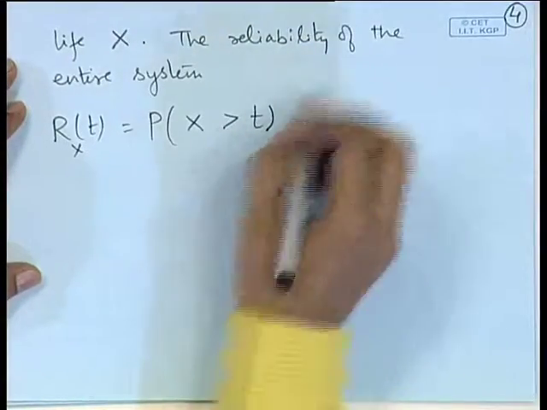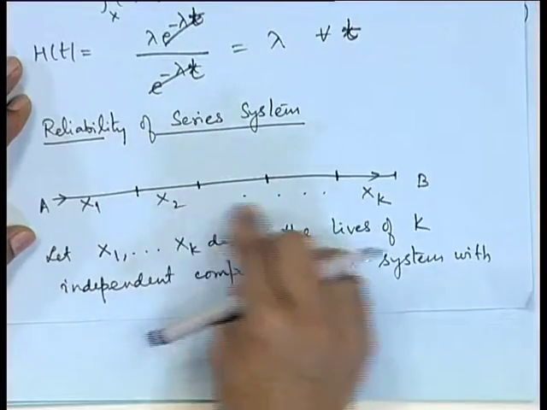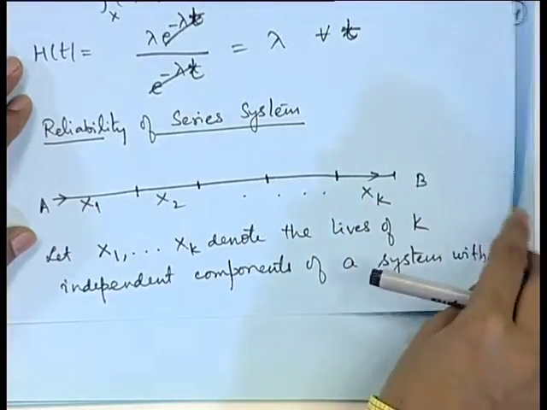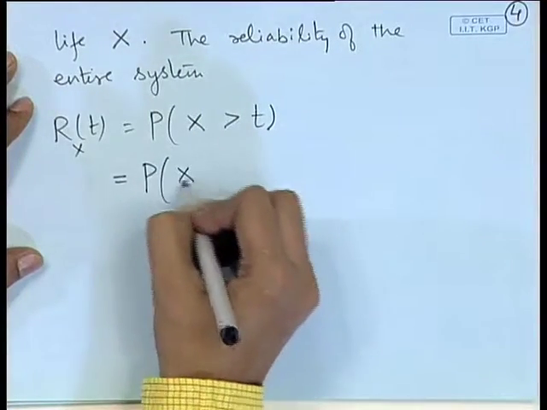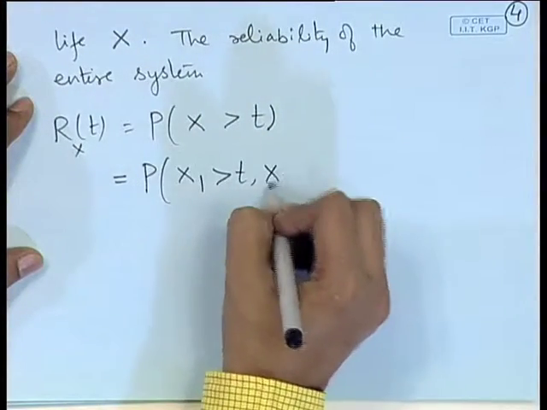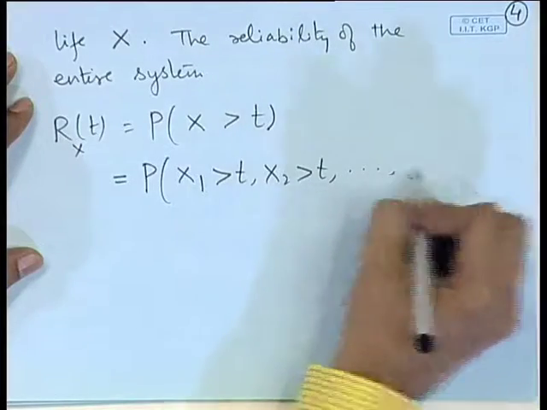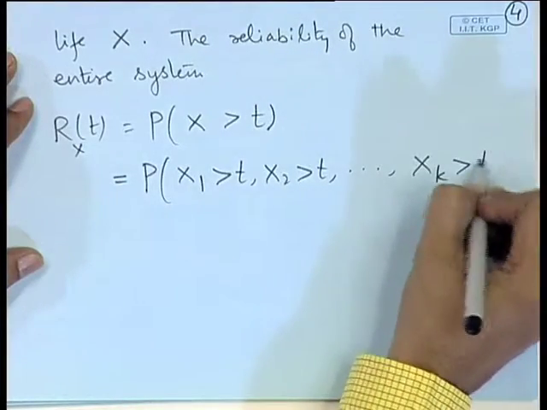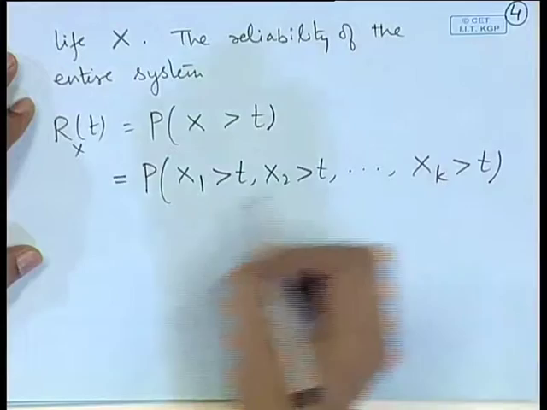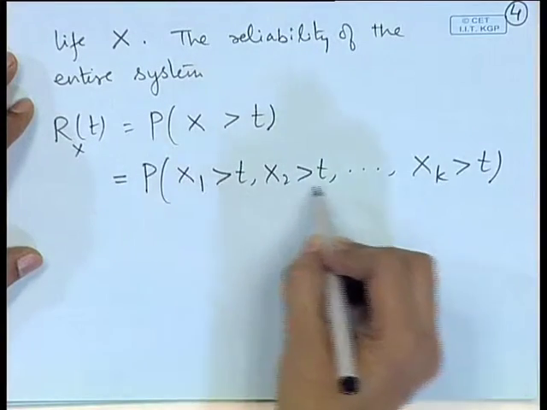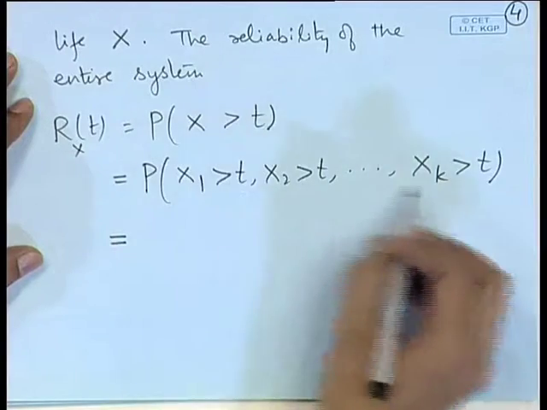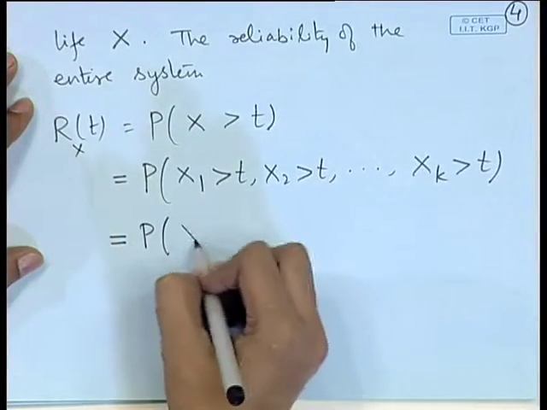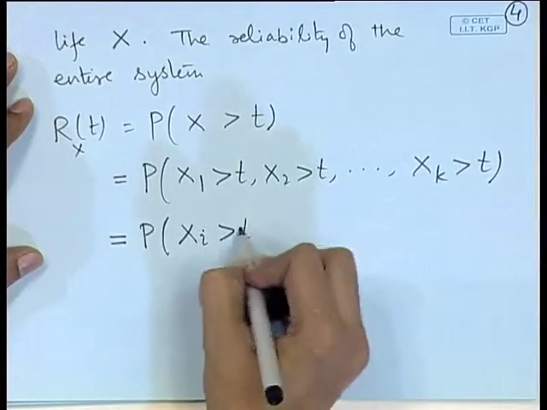However, the system will be working if and only if each of the components x 1, x 2, x k is working at time t. That means this is equal to probability of x 1 greater than t, x 2 greater than t, and so on, x k greater than t. We are assuming that the components are working independently. Therefore, the probability of the simultaneous occurrence will be equal to the product of the probabilities.